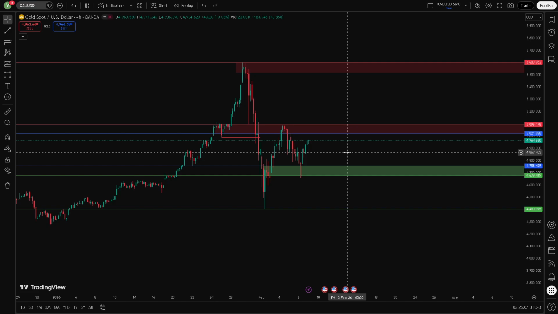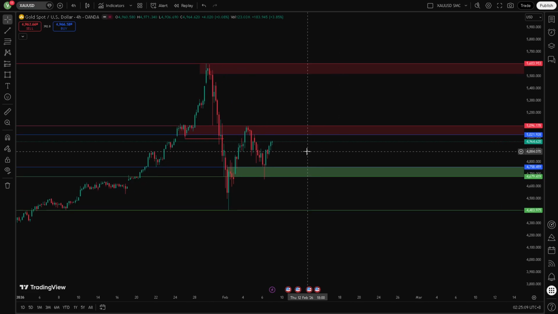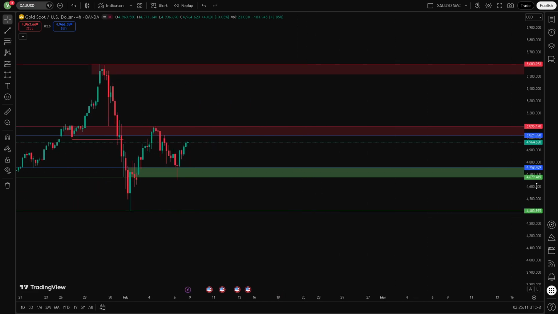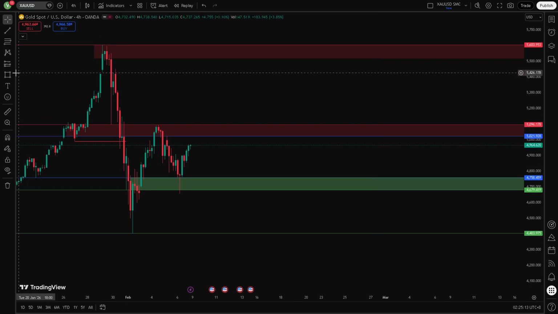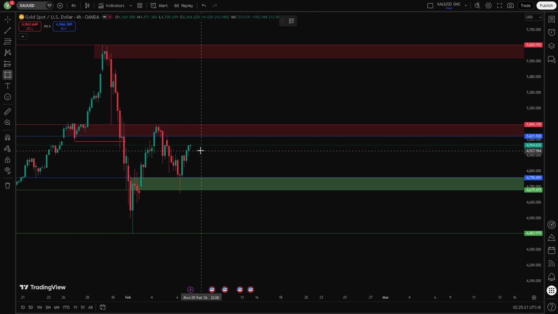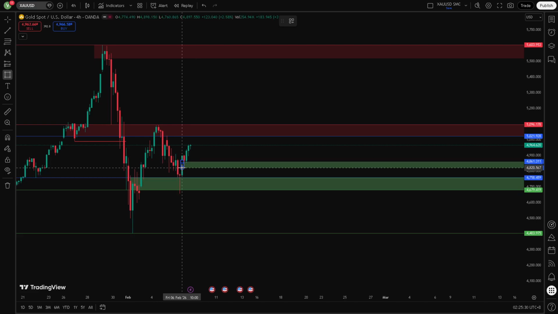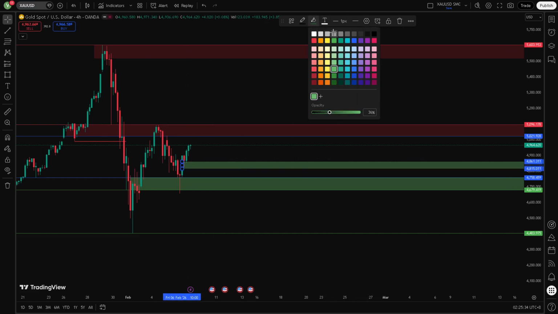So right now, if we take a look over here, it tells us another story, because we can see here it might be tested. Now we have a retracement and then going down, but after a strong impulsive move up after a breakout, we have another order block, which I'm gonna mark with a gray area.